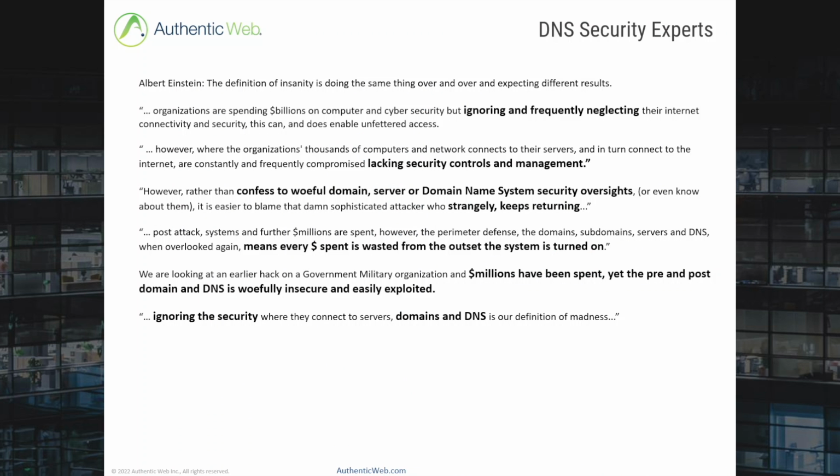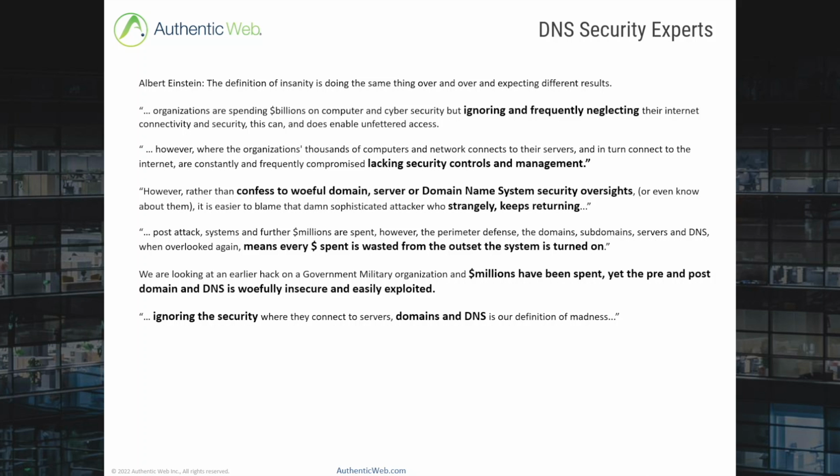Last week, I read a post on LinkedIn from a cyber tech CEO, completely unrelated to our business, but I thought he described it quite well, so I thought I would share it here as we start to wrap up. In summary, he says, companies spend billions on cybersecurity, but ignore and neglect domain and DNS, leaving them without necessary security controls and management.